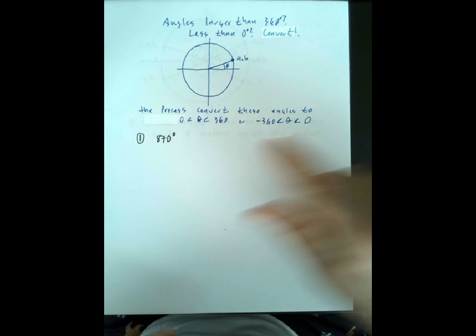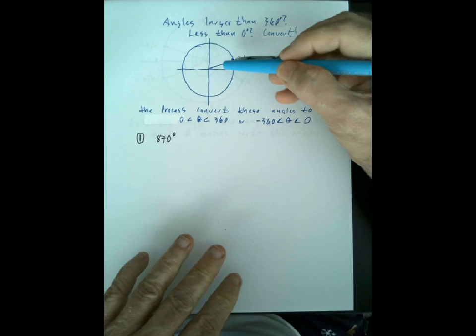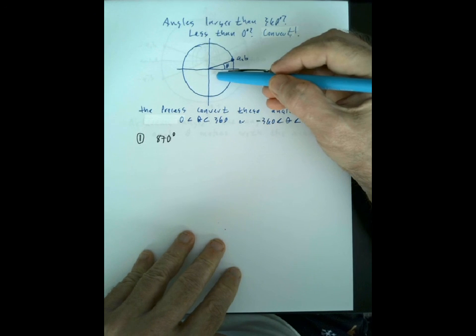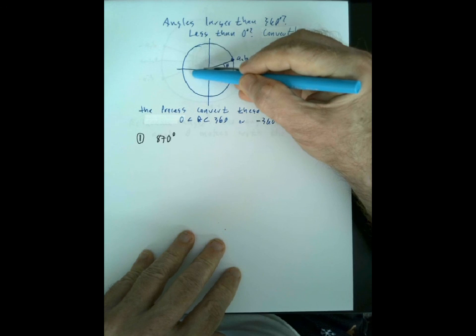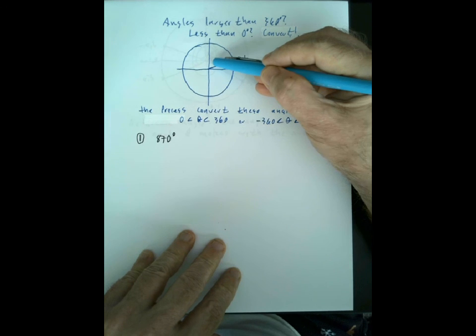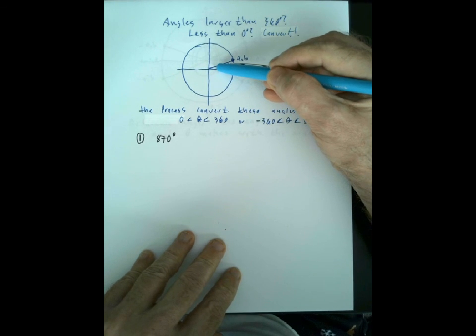Well, 870 means we start here at 0 and keep rotating around until we've counted up to 870. I would rotate around. That's 360, not there yet. We'd rotate again. That's 720, still not there.